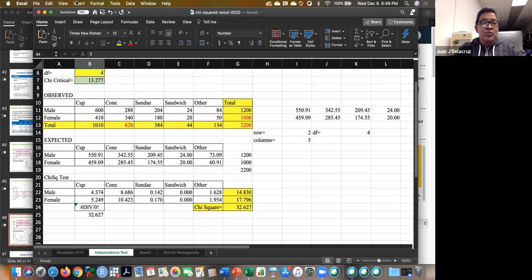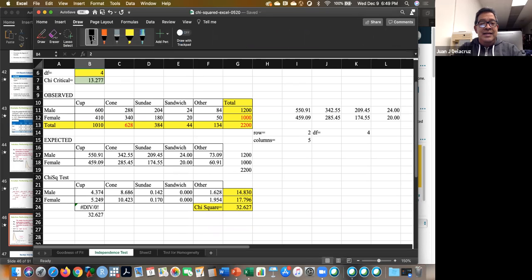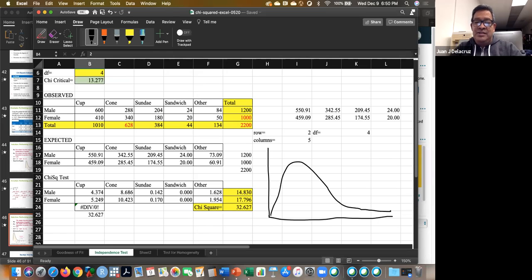What we need to do is make sure that the results are there. Excel is very smart and gives me the result, but I need to know if I am making the proper call, right? This is my chi-square distribution. Remember, the chi-square distribution is skewed. This is my chi-square critical value.